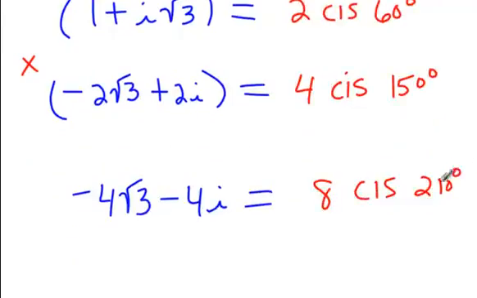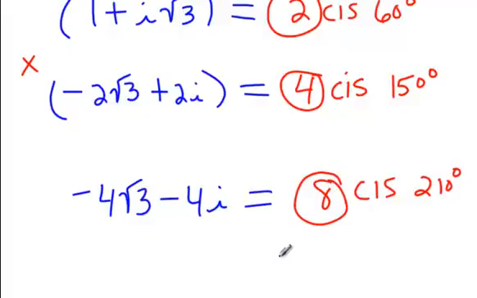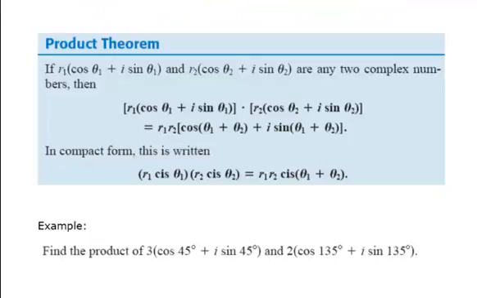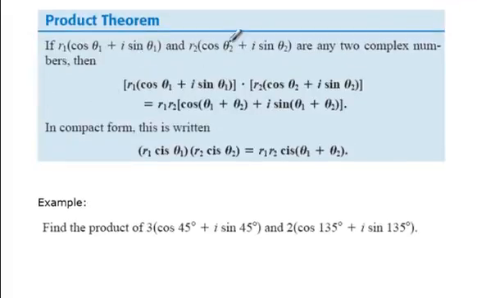So do you see a pattern here as to how I can take two complex numbers in polar form and multiply them together to get the answer? If I take the two r values and multiply them together, I get the r value of the product, and if we add the two angle measures together, we get the angle measure in the product. So the theorem says if you're going to multiply two complex numbers together in polar form, multiply the two r values together, and then also add the two angle measures together.